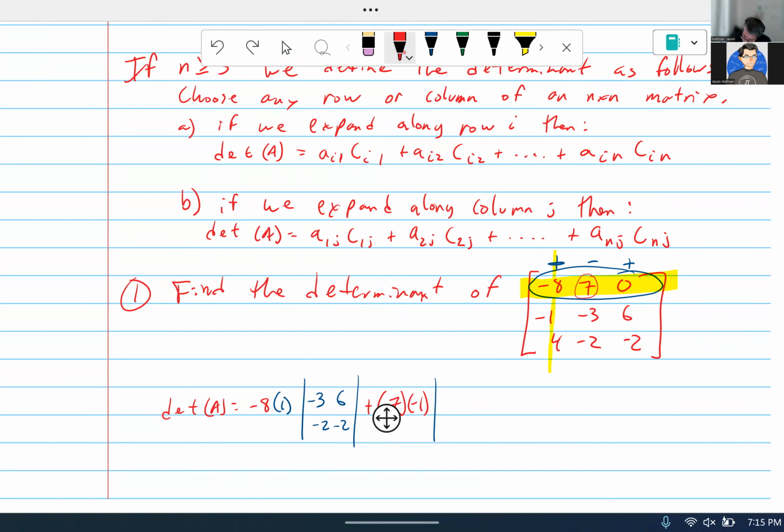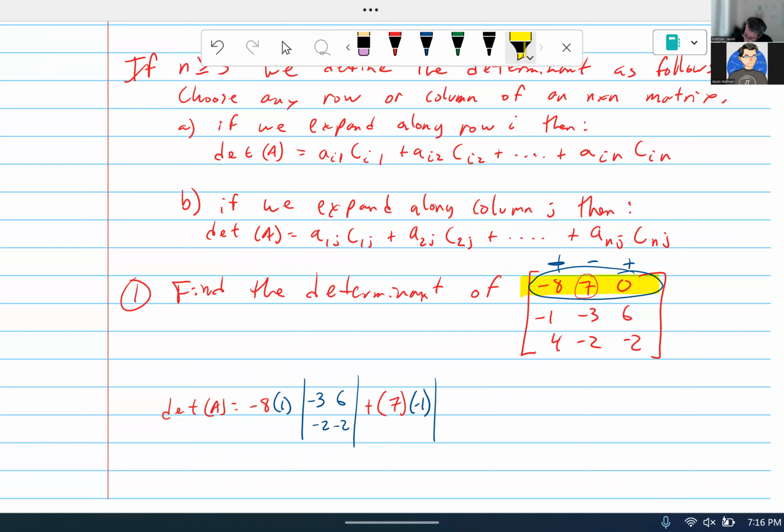Okay, the next value here is 7. What I want to do is get rid of the row and column that that 7 is included in.